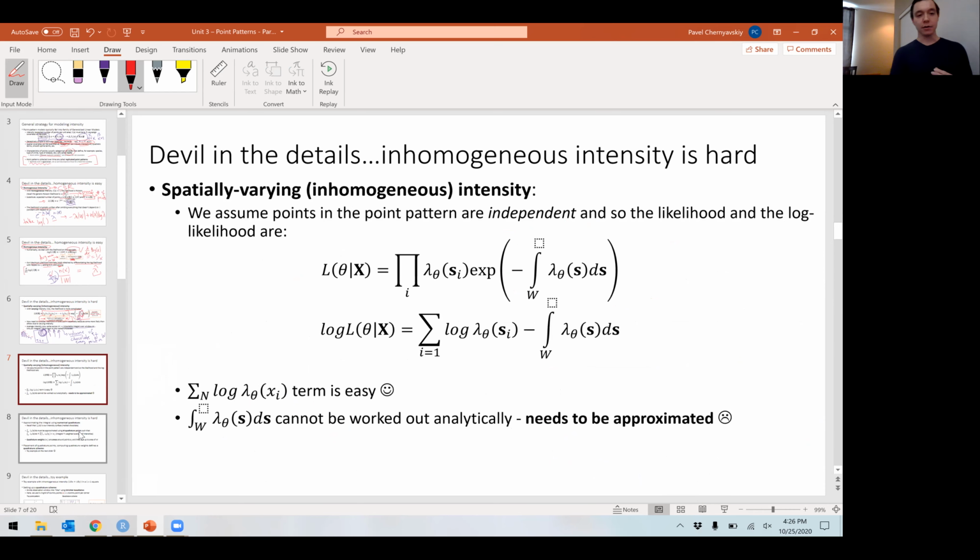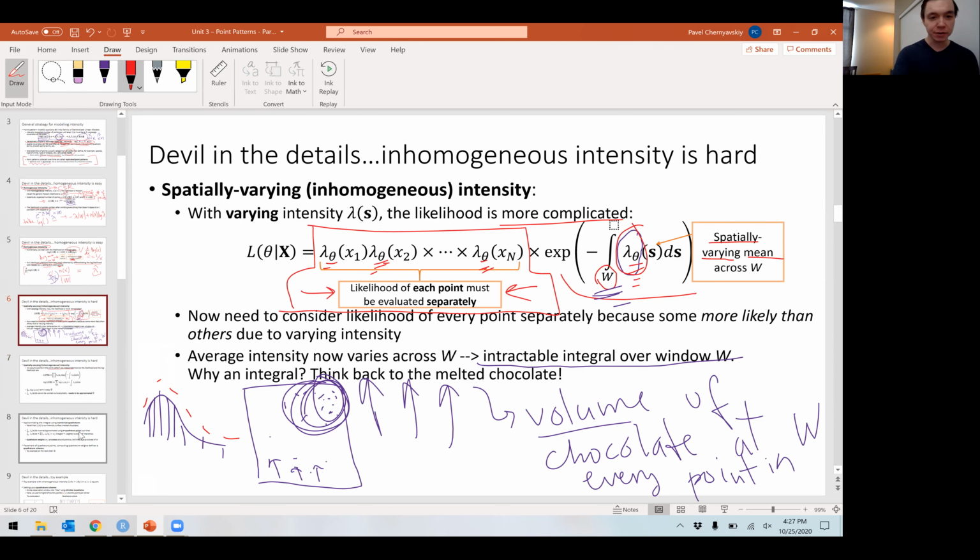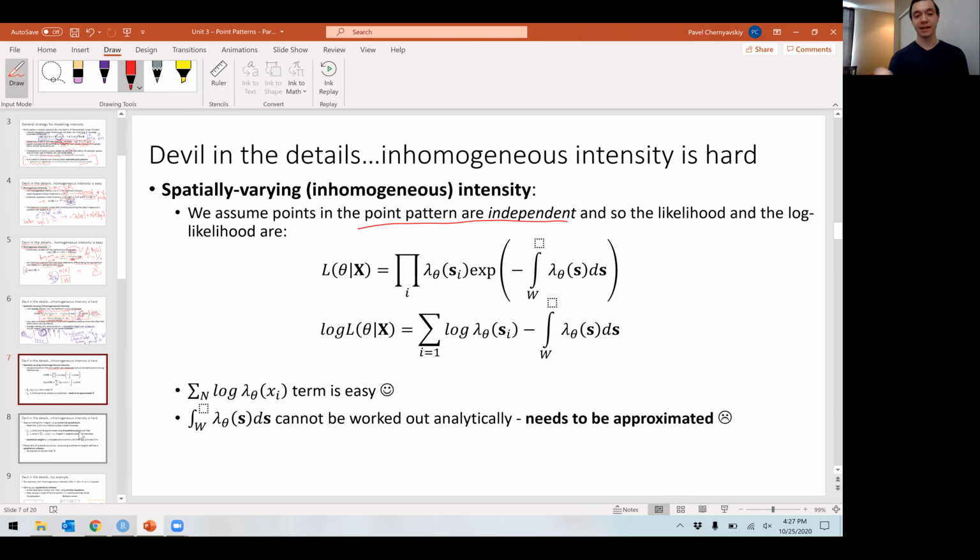All right, so we will assume our points are independent. That is a key assumption that helps us figure out this first bit. If we don't assume they're independent, then we will have to figure out the intensity at every point separately. If we are able to assume that they're independent, which is a typical assumption, we can just take this product.